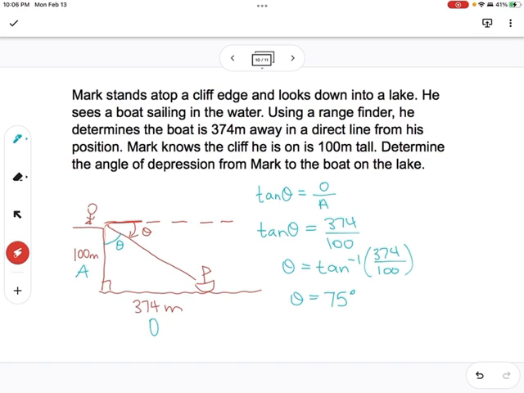So if we know this is 90 degrees, and we also know theta here is 75, we can find, we're going to call it theta 2, by doing 90 minus the theta we found, which is 75. Okay, so 90 minus 75 gives us an angle of depression of 15 degrees.